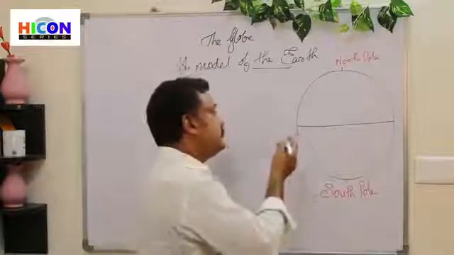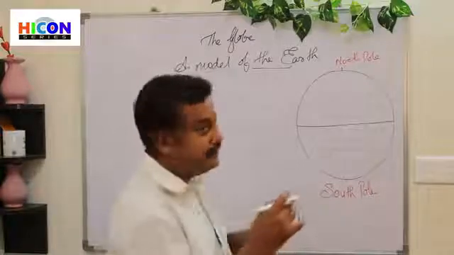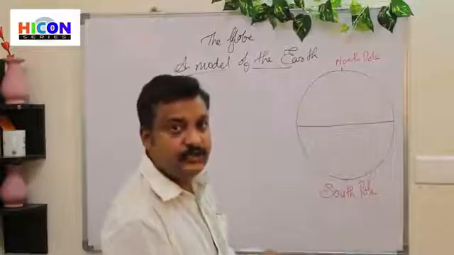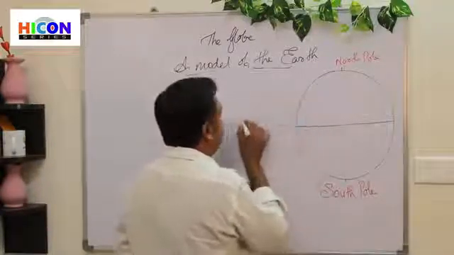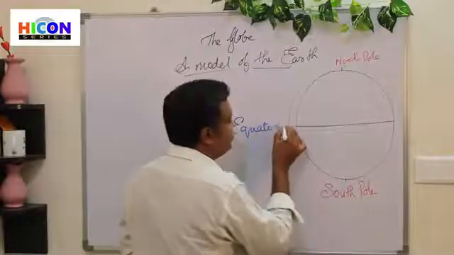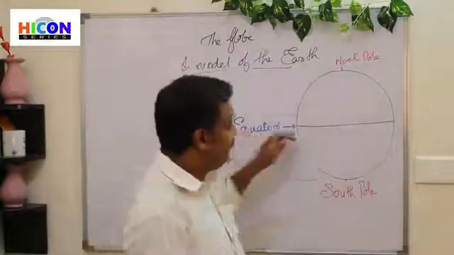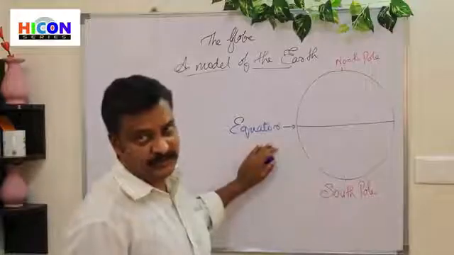So we draw a line which divides Earth into 2 equal parts, and this line is called the equator. So this line that divides Earth into 2 equal parts is called the equator.